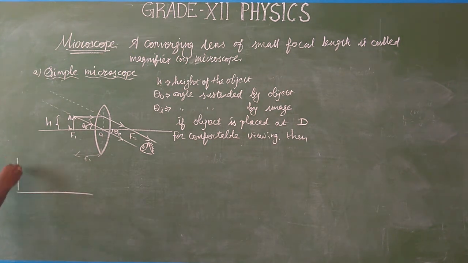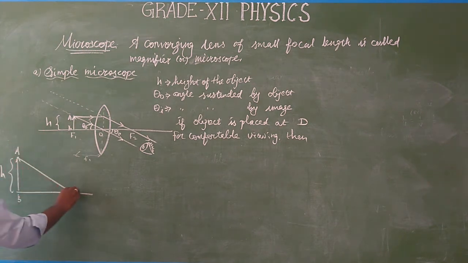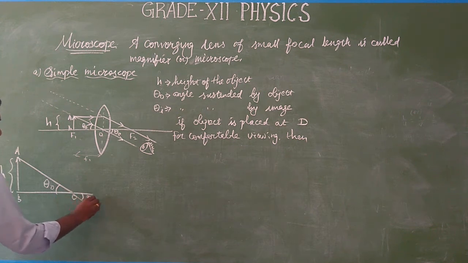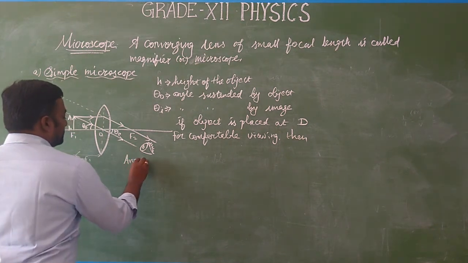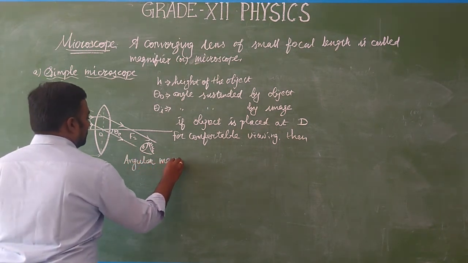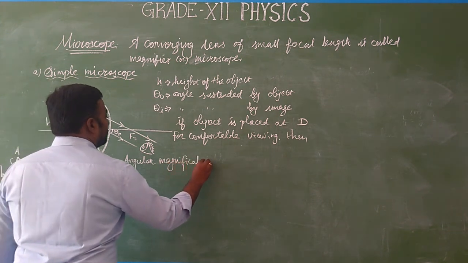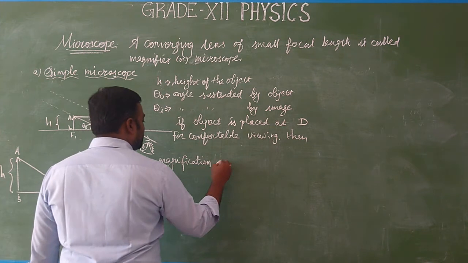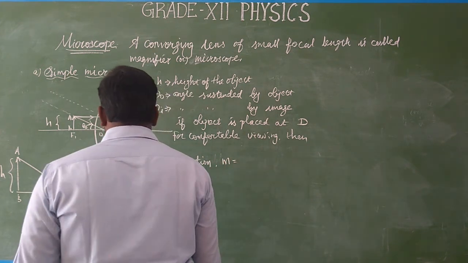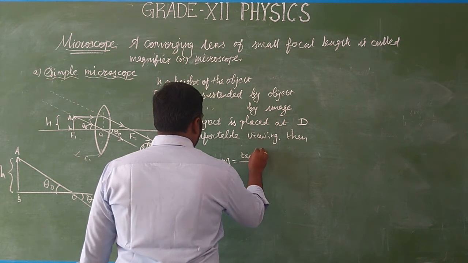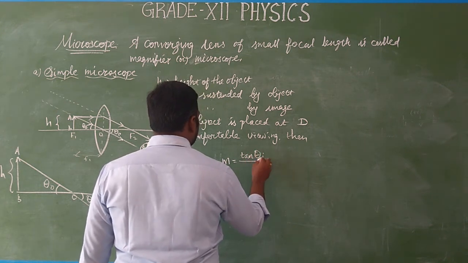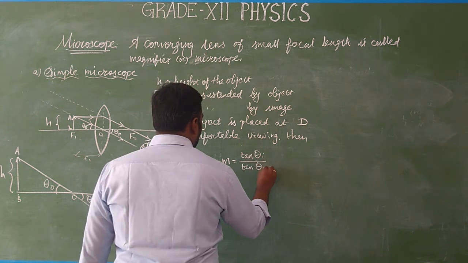This is the principal axis. AB is the size of the object, which is equal to h. This is a ray from the optic center. It makes an angle theta O. Here the angle is theta I. So the angular magnification for this case is the ratio between the angle subtended by the image and the angle subtended by the object.